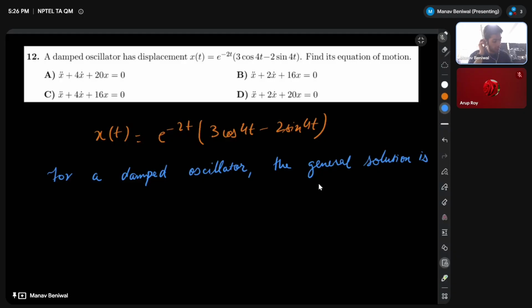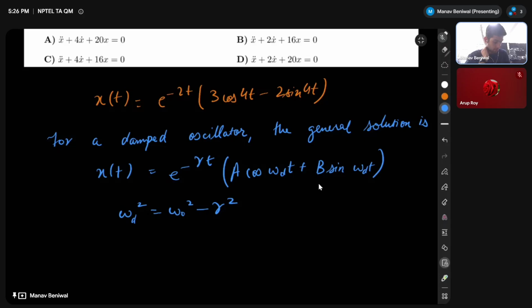Now if we compare this equation and this equation, clearly we can see that gamma is 2, and omega d is 4. So my omega naught squared will be 2 squared plus 4 squared, and this is 20.